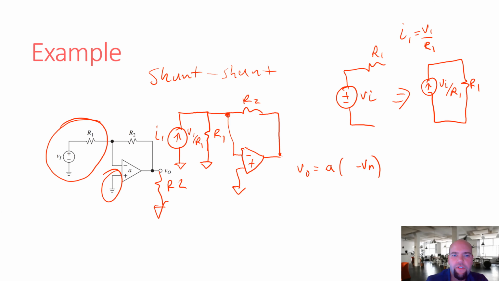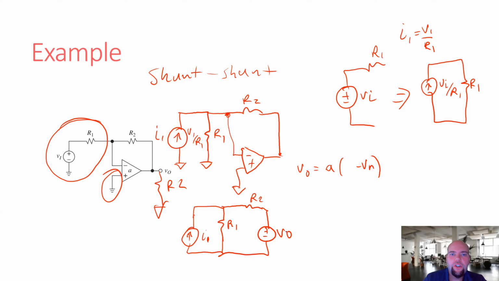Well, it's time to do our equivalent model here. Looking at our equivalent model, we're trying to find this Vn right here. How can we find this? You can choose whatever option you want to find Vn here.